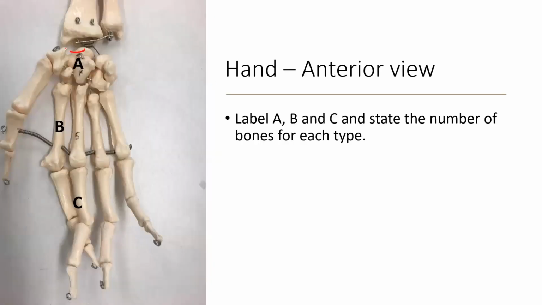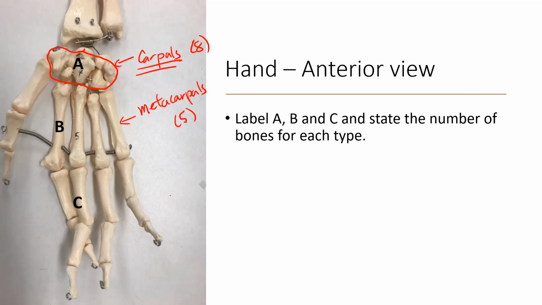A, these are carpals. Carpals, right? People you carpool with. Eight in total. B, they are the back of your hand, if you would. Those are the metacarpals, 5 in total.